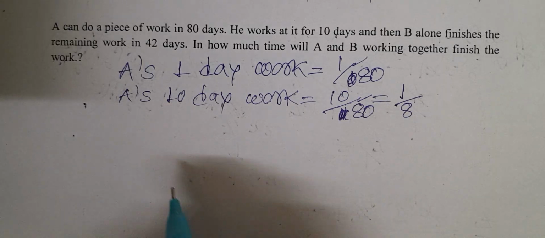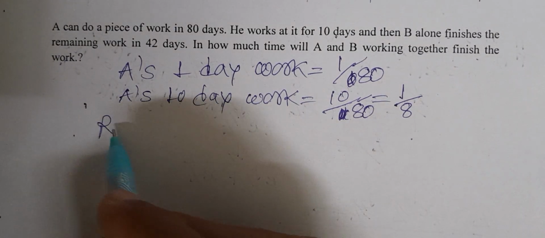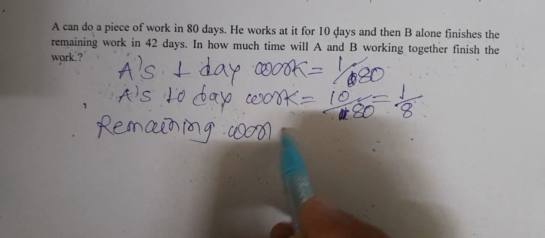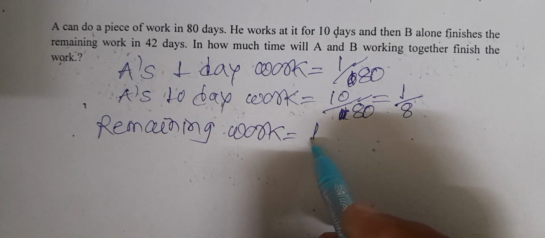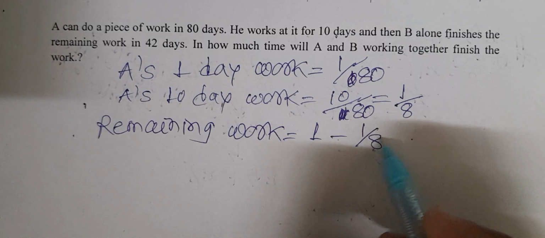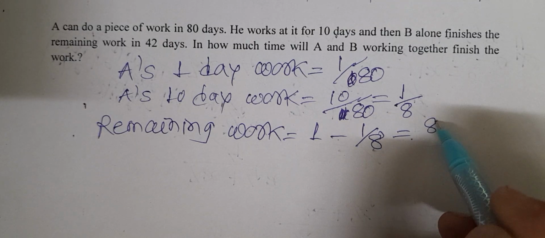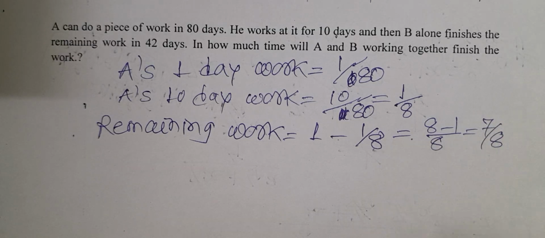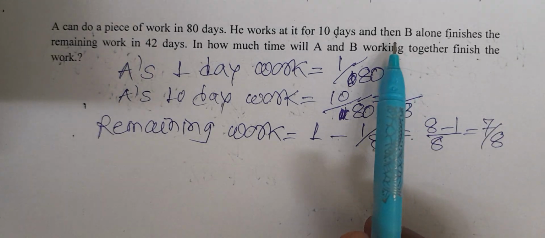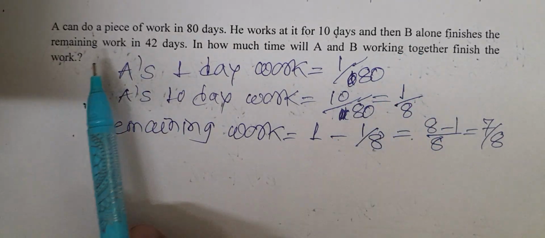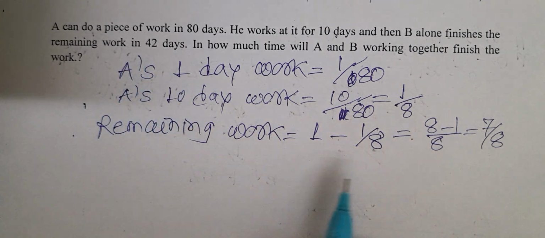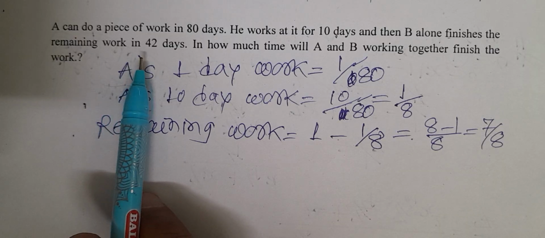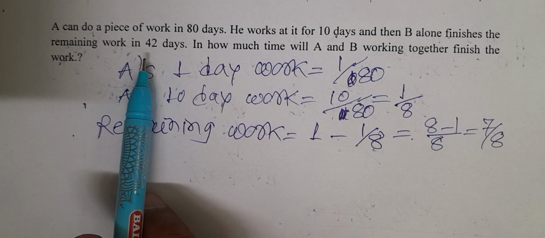Now the remaining work is equal to 1 minus 1 by 8. If you calculate this, the remaining work is 7 by 8, and B finished the remaining work in 42 days. So B's work, remaining work 7 by 8, took 42 days.